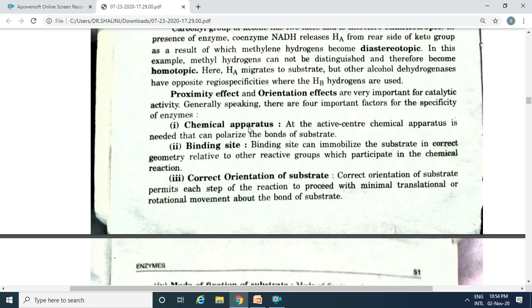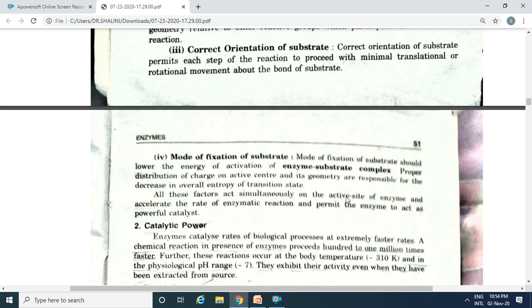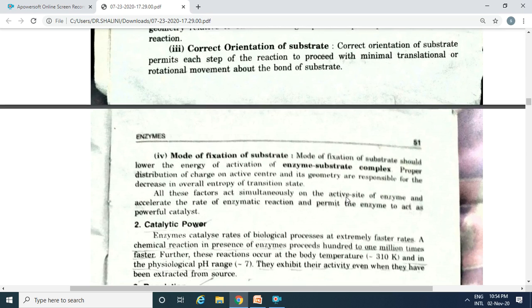Chemical apparatus: there must be a chemical apparatus which can polarize the bond of the substrate. Binding site: the binding site can immobilize the substrate in correct geometry relative to other reactive groups. Correct orientation of the substrate permits each step of the reaction to proceed with minimal translational and rotational movement about the bond of the substrate.